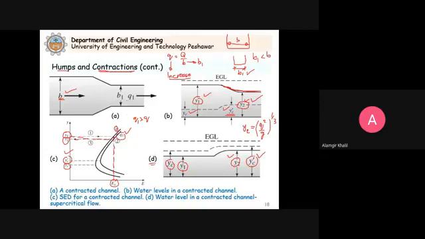So if we have a hump followed by a contraction, how do we solve the problem? We combine the two. We will consider this situation in a numerical problem that we will hopefully study in the next lecture. It will further clarify the concepts that we are trying to learn here.